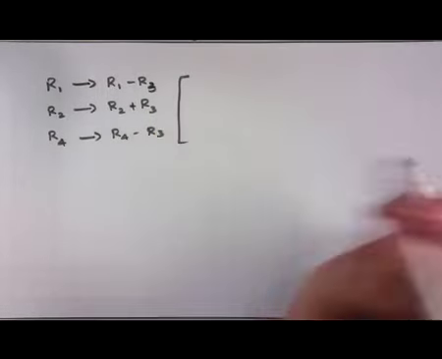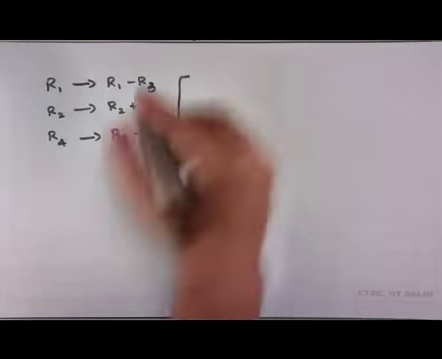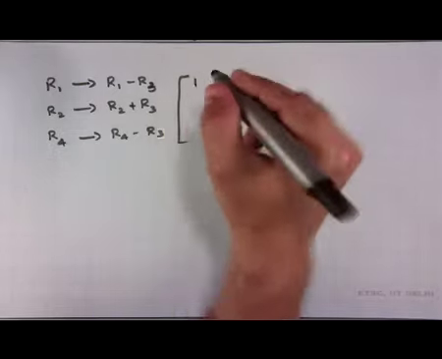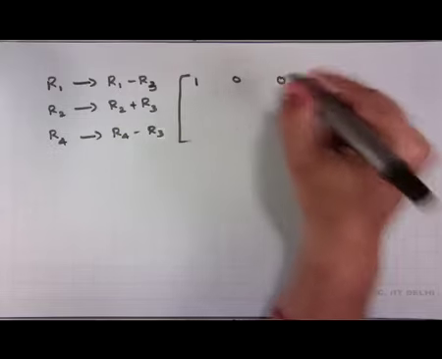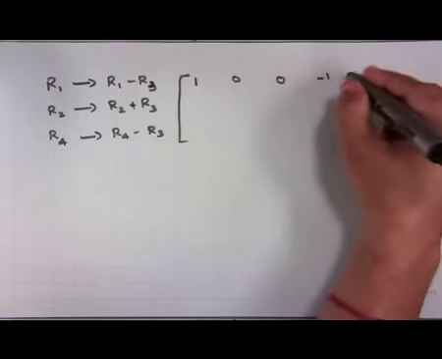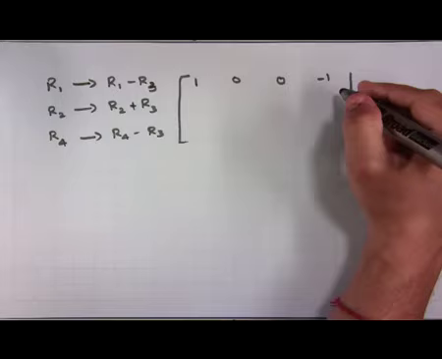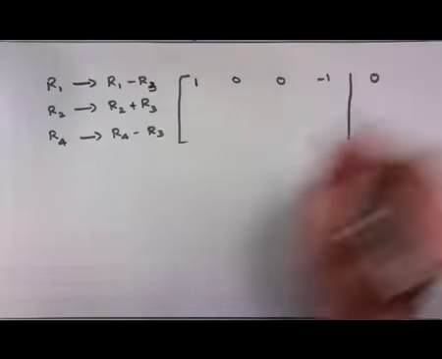First row is R1 minus R3: 1 minus 0 you have 1, 0 minus 0 you have 0, 1 minus 1 you again have 0, 0 minus 1 you have minus 1, and finally 13 minus 13 you have 0.